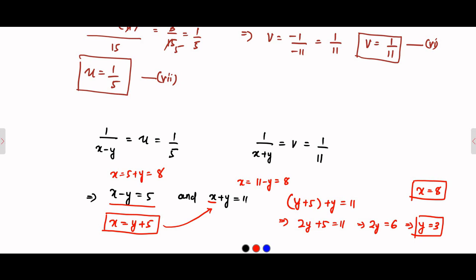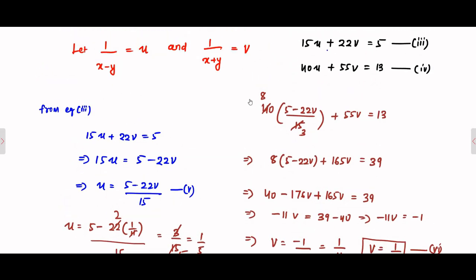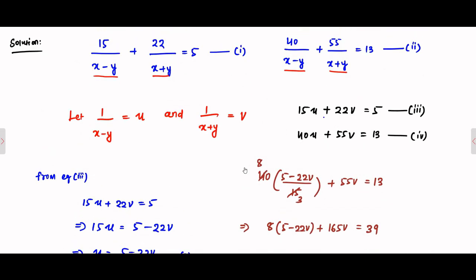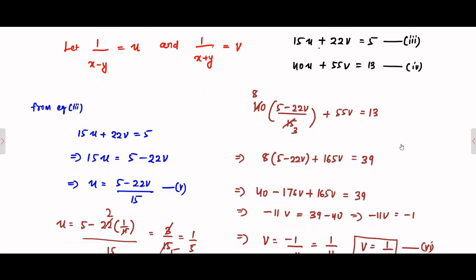Now this is a very good question, because originally we had the two equations in this format. We used the introduction of two additional variables and the substitution method to convert it into this format. Then we calculated the values of u and v using the standard substitution method procedure.